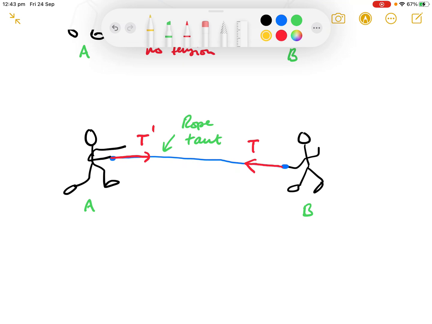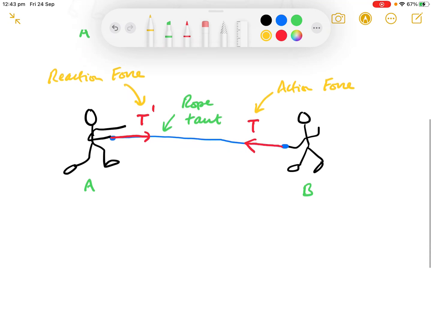Okay. Now effectively what we've got here is T being an action force from Newton's third law, and T dash being a reaction force. So notice that tension T acts on body B, the right hand person, whereas T dash acts on body A, the initiator of the force.